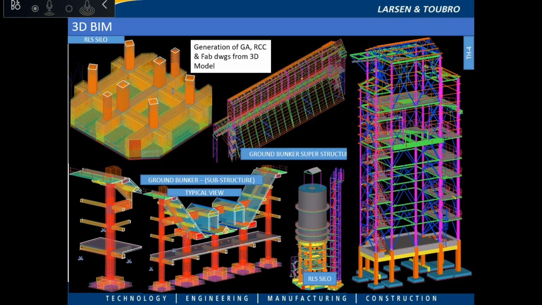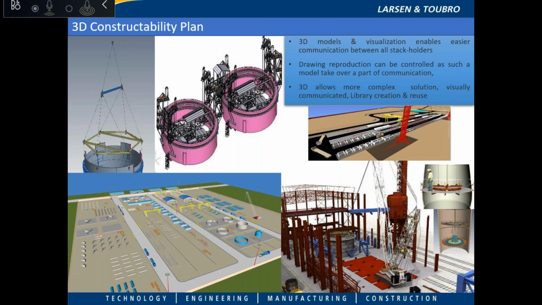All are extracted from there. We are also preparing the constructability planning based on the data available, and we are preparing different types of temporary structures, and pre-planning the plant where my fabrication will be. Entire things are prepared.